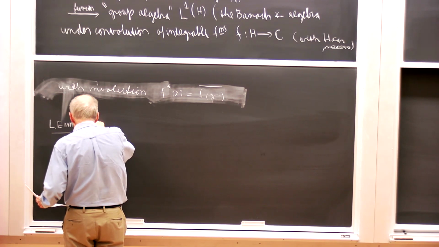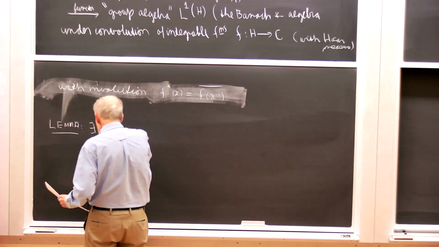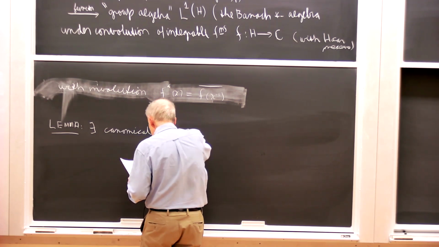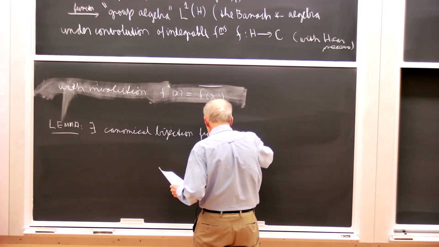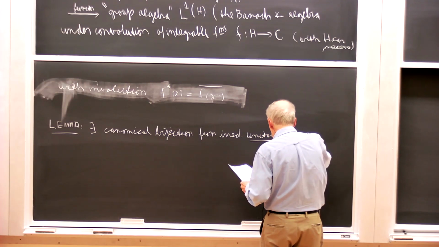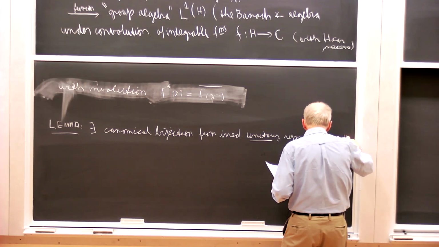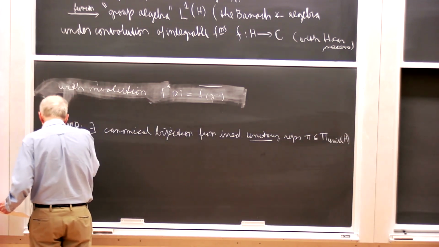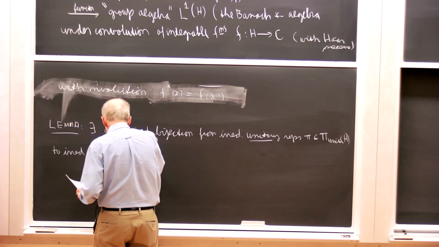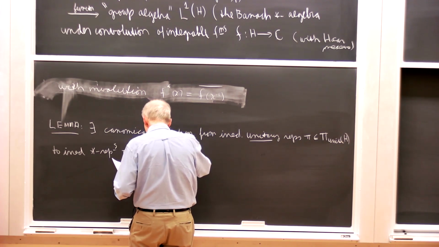There exists a canonical bijection from irreducible, and it's critical that they be unitary, irreducible unitary representations pi on this group to irreducible star representations, I guess I could write it as pi star, of L1 of H, on the group algebra. I don't know about the bijectivity of it. I didn't really think about that, but I'm going to state it that way.